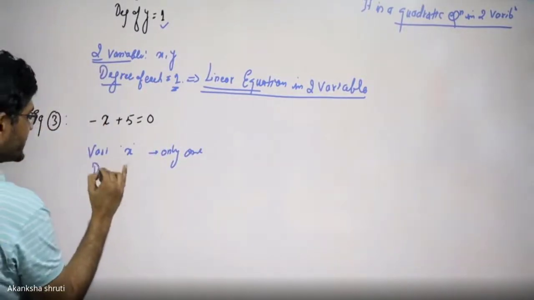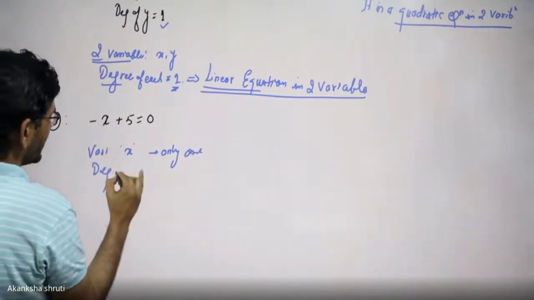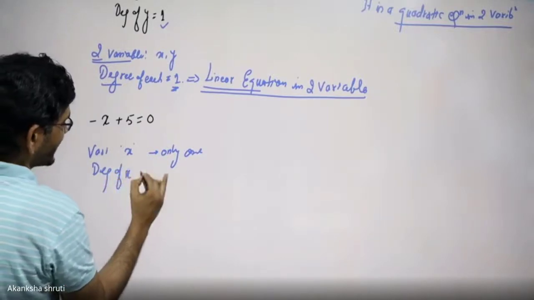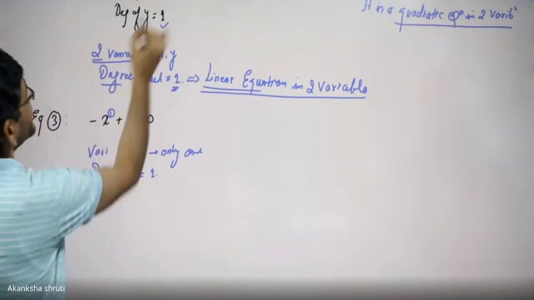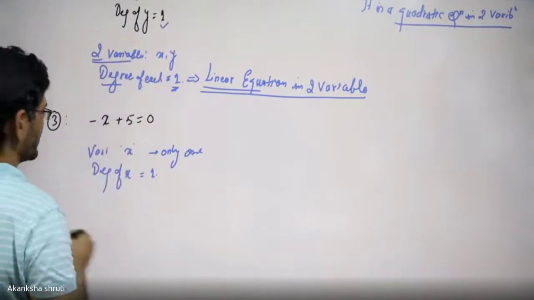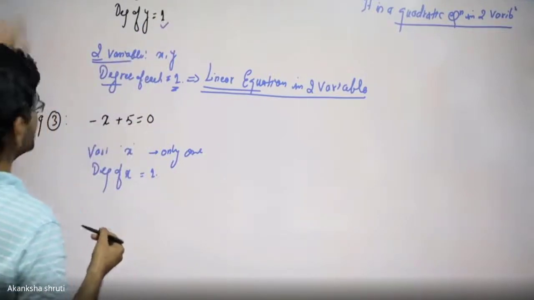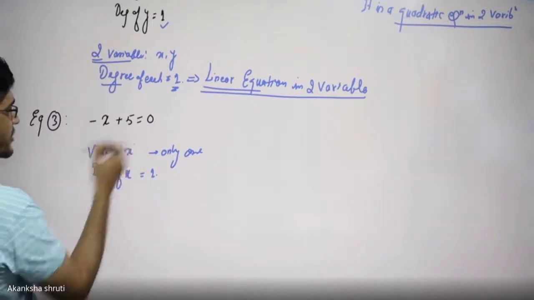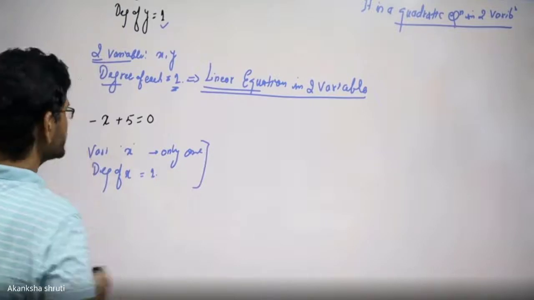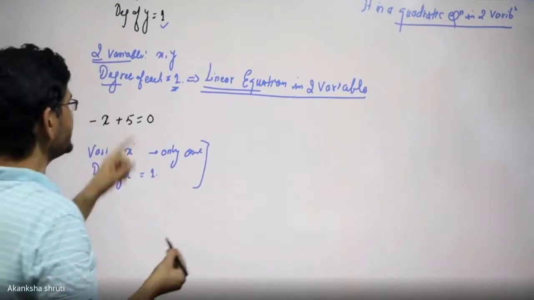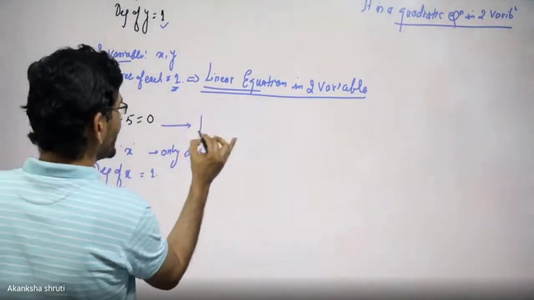If we consider the degree of this variable x, it is 1 only. Means the power, nothing is mentioned, means the power is 1. Students, no other variable, though the constant is there. Therefore, it is called a linear equation in 1 variable.